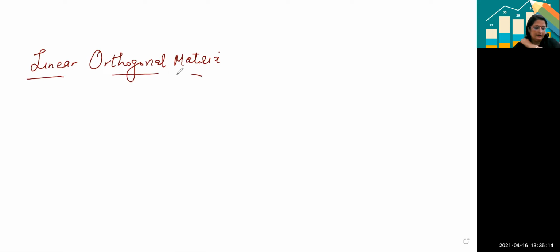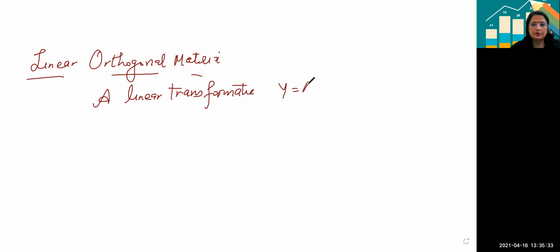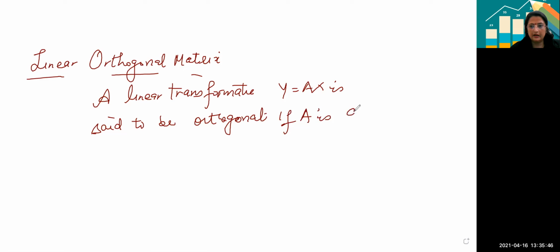Linear orthogonal matrix. A linear transformation Y is equal to AX is said to be orthogonal if A is an orthogonal matrix, right?